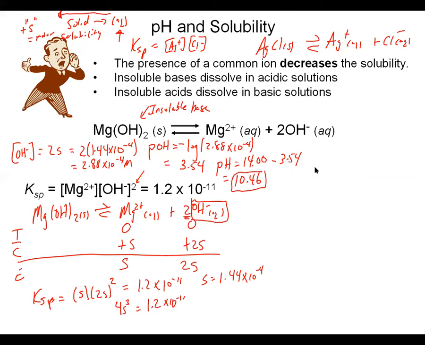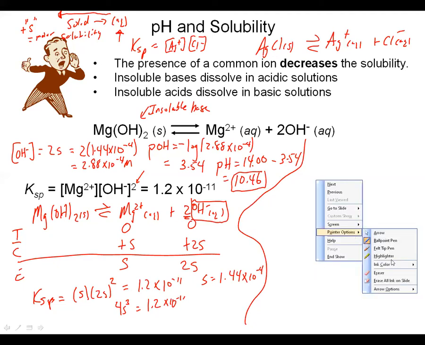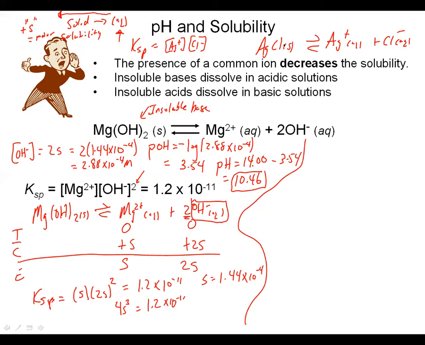Let's say what happens if we take the pH of that solution and we drop it to less than 10.46.